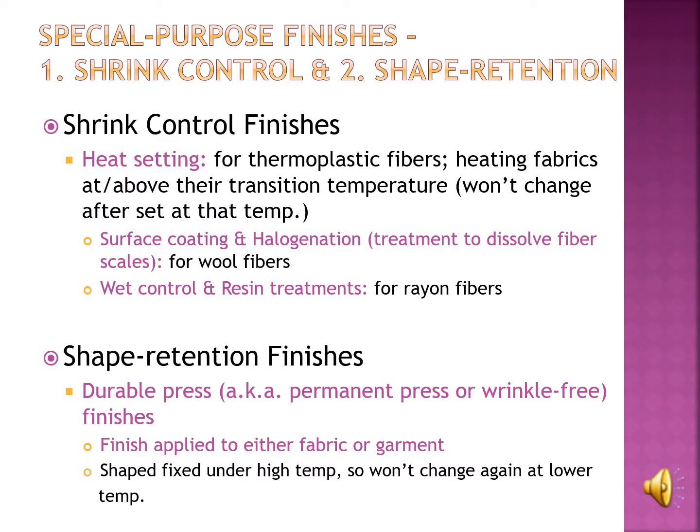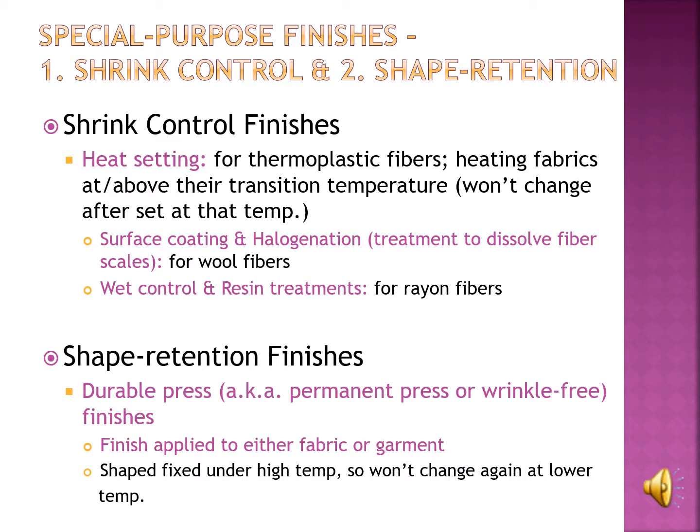So for specific fibers, for example for wool, I put that here because there's a surface coating and/or halogenation process, and that is actually just a treatment to help dissolve the scales of the wool fiber. If you remember from many chapters ago, the wool fibers are scaly, and so there's a treatment to dissolve some of those scales, so that helps with shrink control.